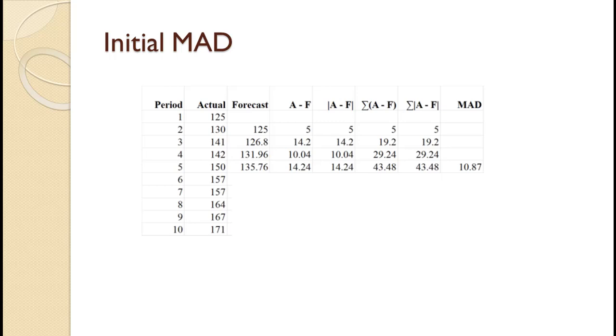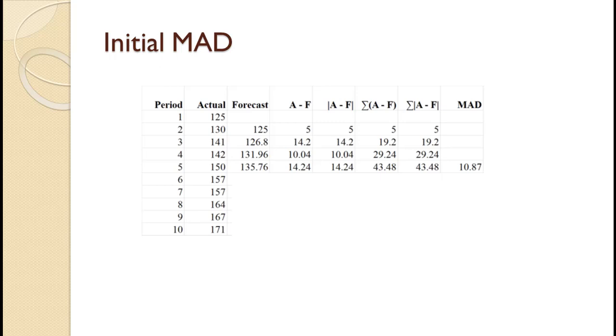For period 4, the actual of 142 minus the forecast of 131.96 equals 10.04. The absolute value is 10.04. The cumulative A-F equals 19.2 plus 10.04 equals 29.24. The cumulative absolute value A-F equals 19.2 plus 10.04 equals 29.24.